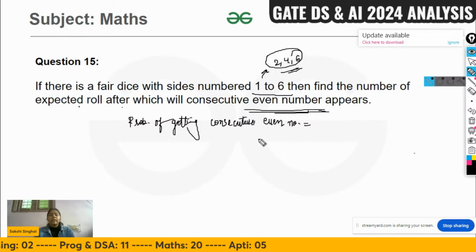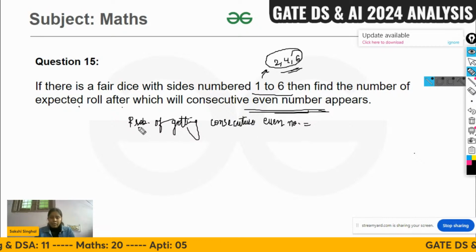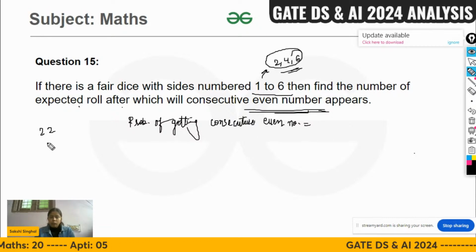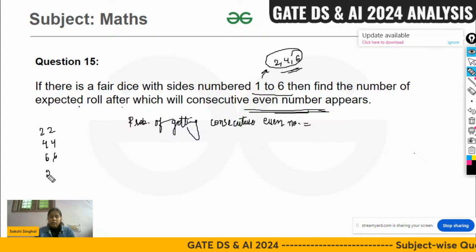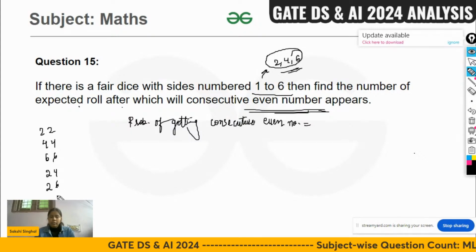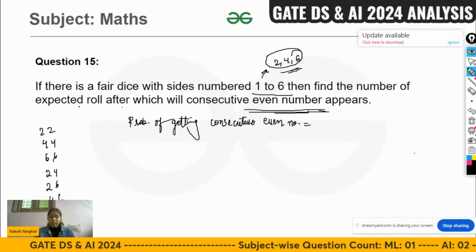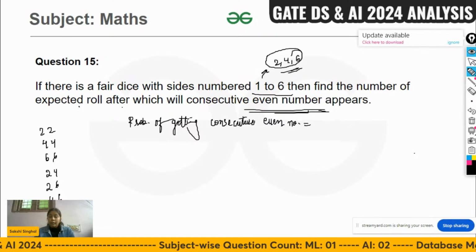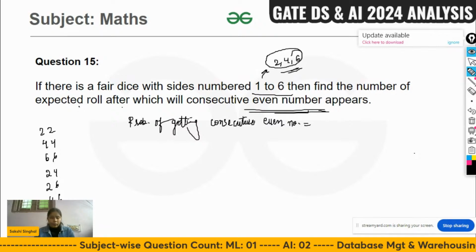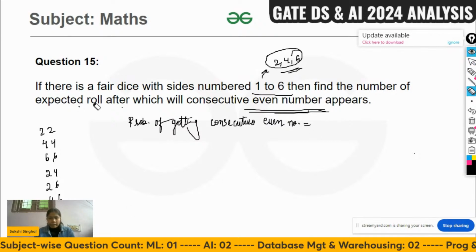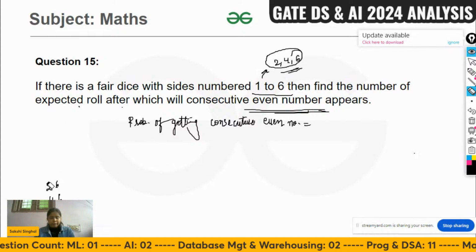Like the probability of getting consecutive even numbers. What are the cases? I can get 2, 2; 4, 4; 6, 6. And the other cases: 2, 4; 2, 6; 4, 6; and 6, 4. Let me put it that way instead of writing that.